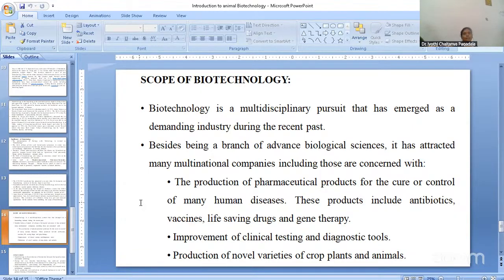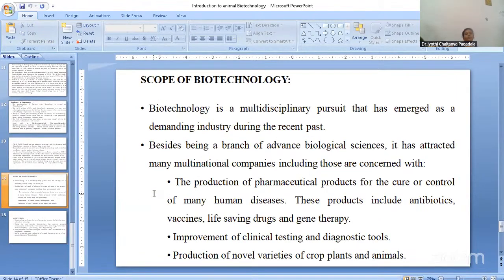Biotechnology is a multidisciplinary pursuit that has emerged as demanding, and besides being a branch of advanced biological sciences, it has attracted many multinational companies concerned with the production of pharmaceutical products for the cure or control of many human diseases.